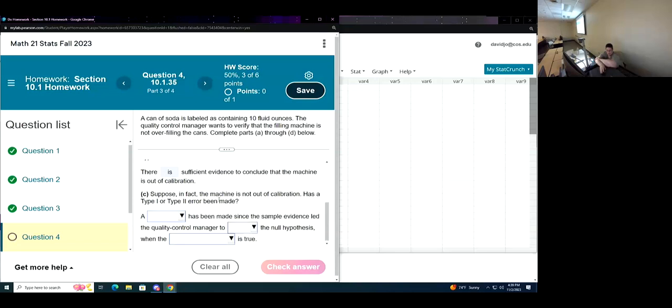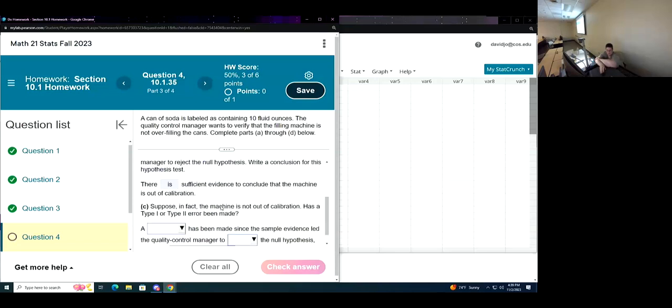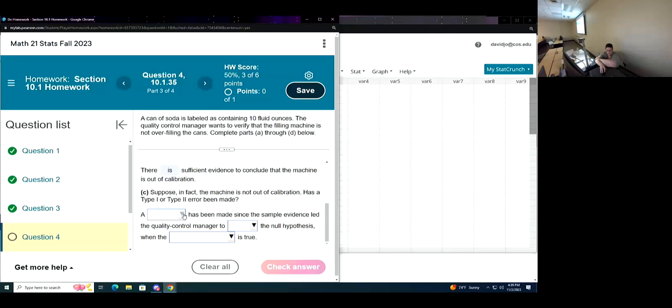So we rejected H0 and we shouldn't have. So this is a type 1 error. A type 1 error has been made since the sample evidence led the quality control manager to reject the null hypothesis when the null hypothesis is actually true. So these two have got to be in conflict. He rejected it even though it's correct.